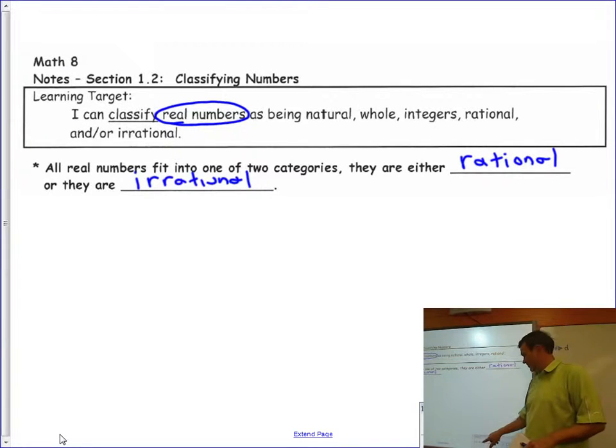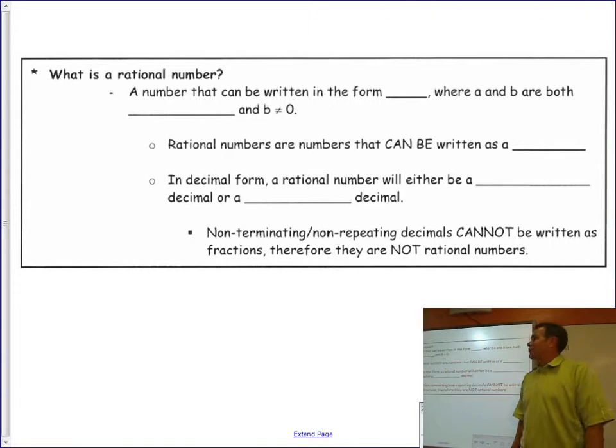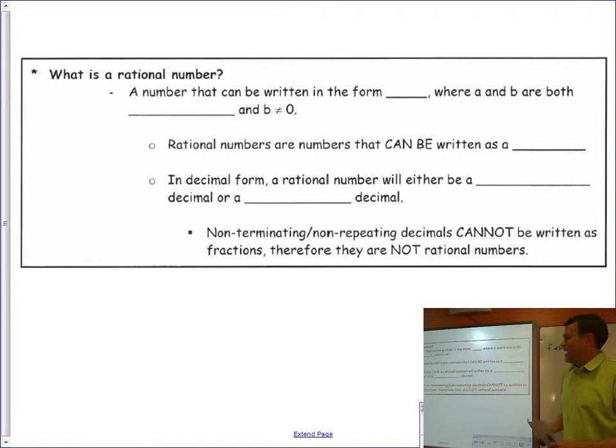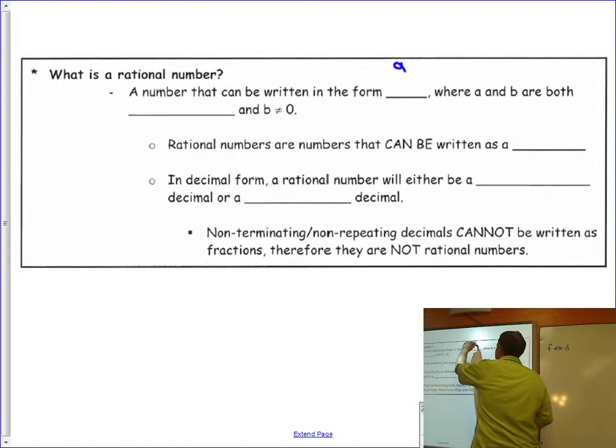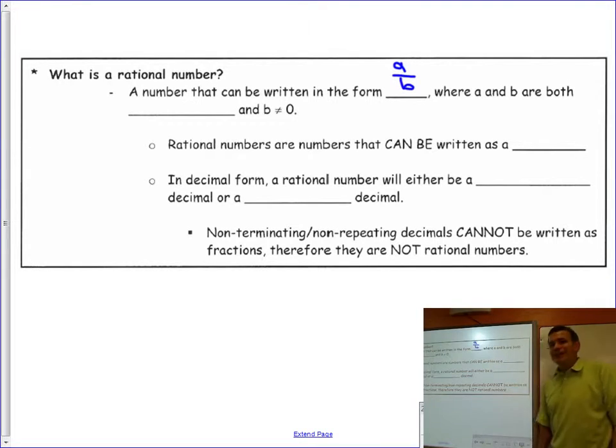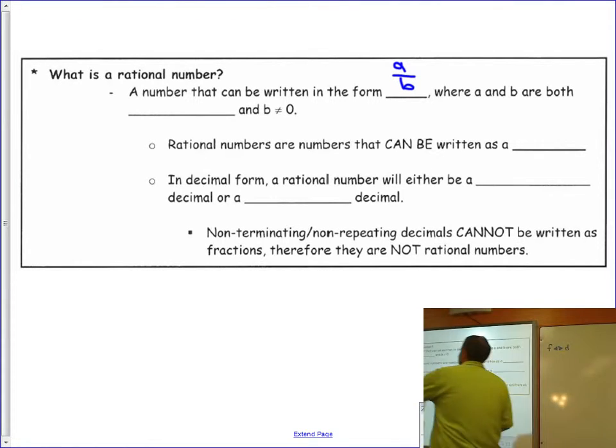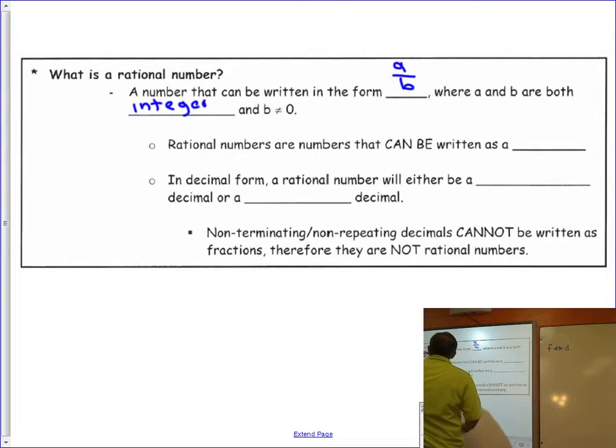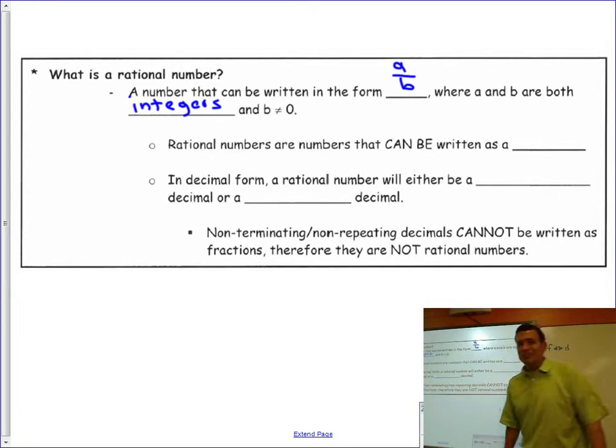Let's see the difference. What is a rational number? A rational number is a number that can be written in the form A over B, where A and B are both integers and B is not allowed to be 0.